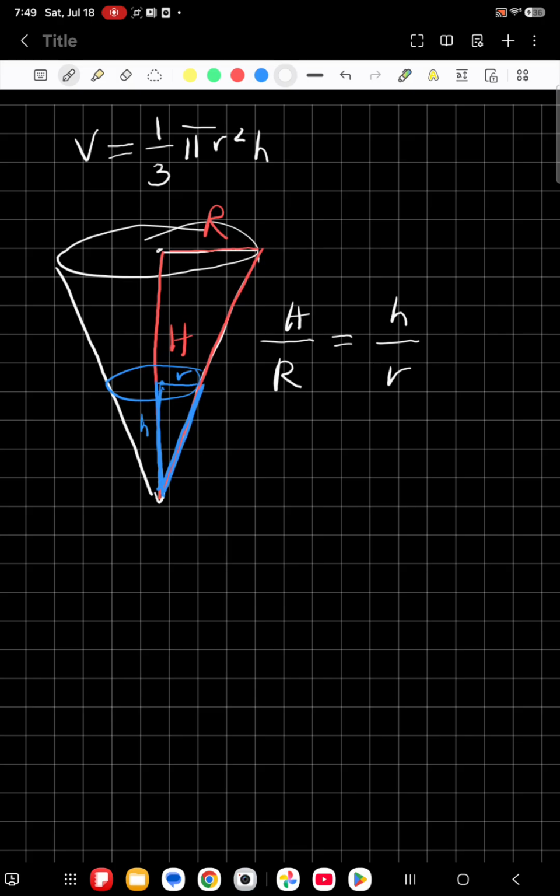So let's do that. I'm solving for r. So r equals capital R times h over capital H. I'll plug in the numbers. So r equals 6, height was 24, so r equals h over 4.